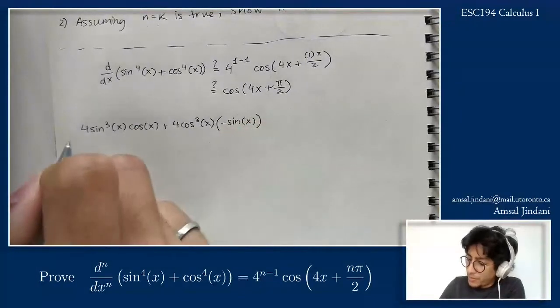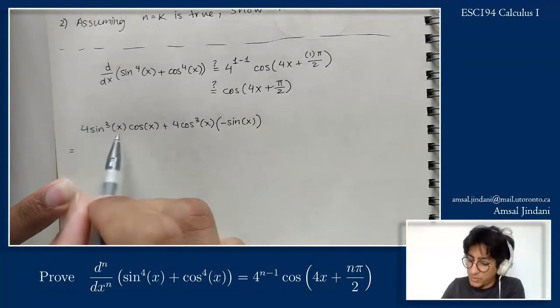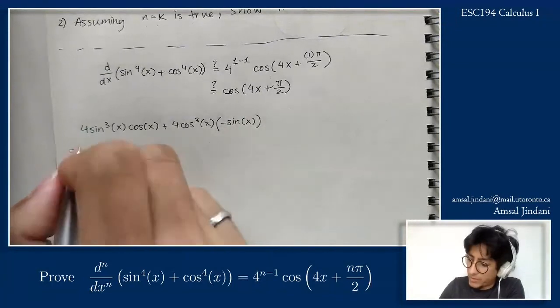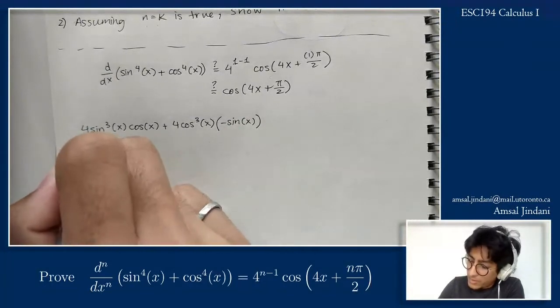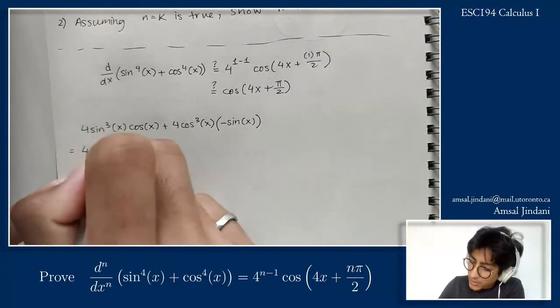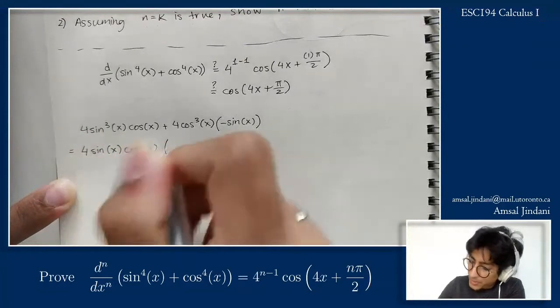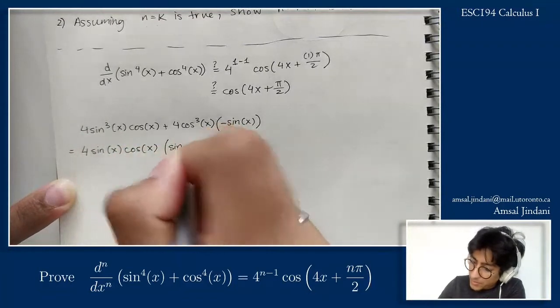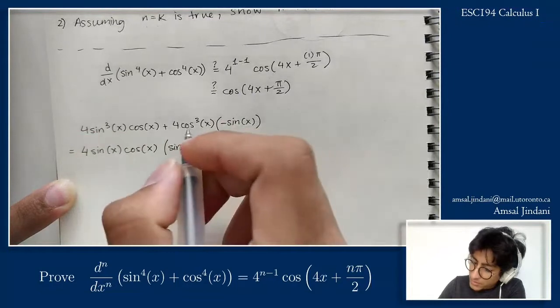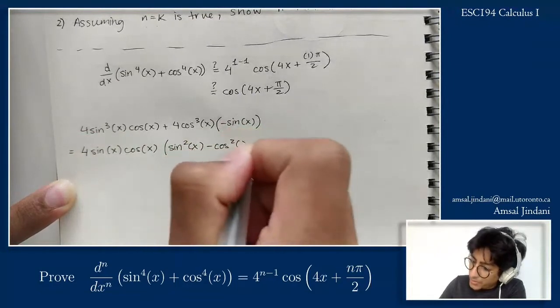And then what I'm going to do is factor out a sine squared and a cosine squared. So what's left is 4 sine x cosine x multiplied by sine squared x minus cosine squared x.